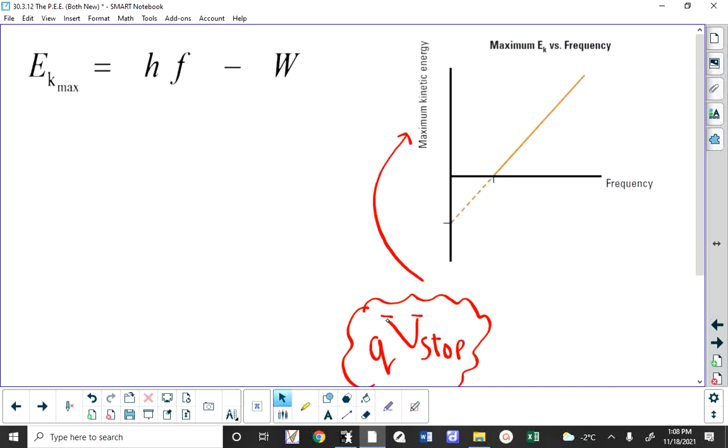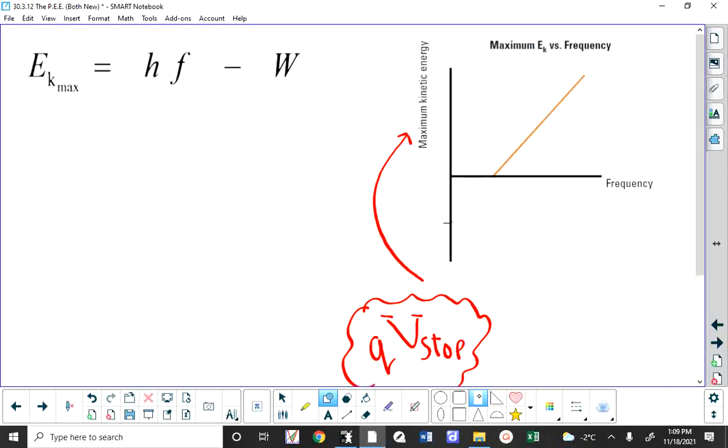Now, we've seen this graph before in our notes, but I didn't put this part in here. I just said to you, well, that makes sense. That has to make sense because very low frequencies of light hitting a photocell or a metal do not immediately cause electrons to be ejected until you reach a certain frequency.